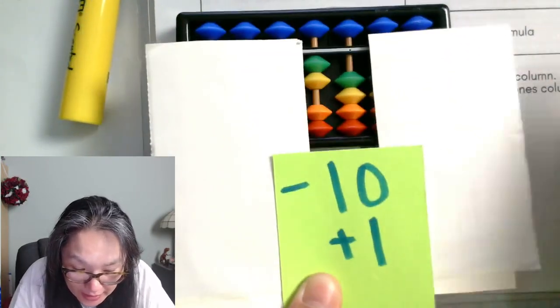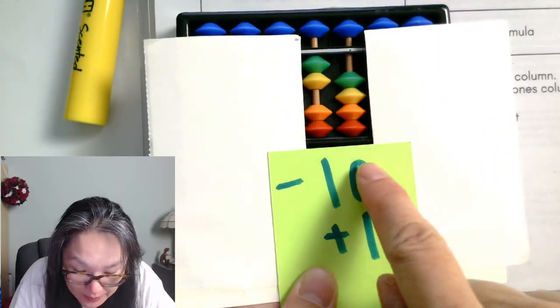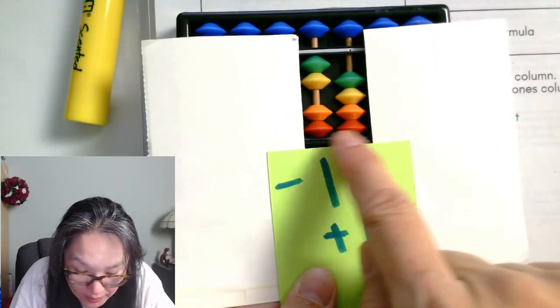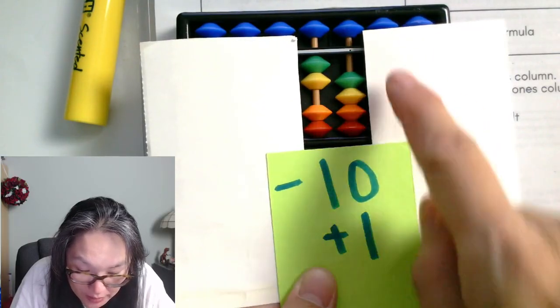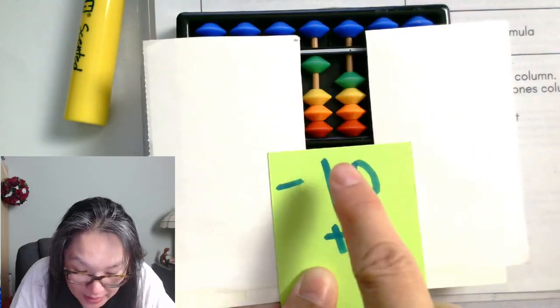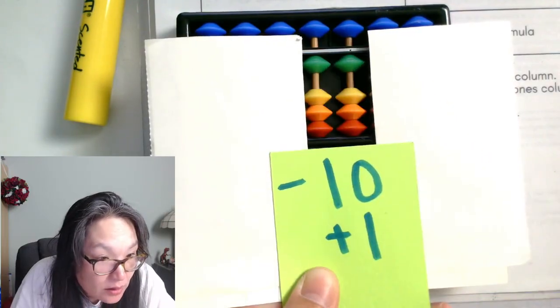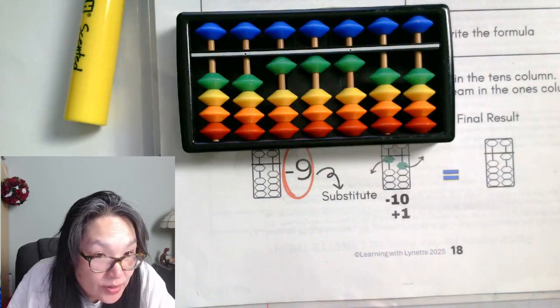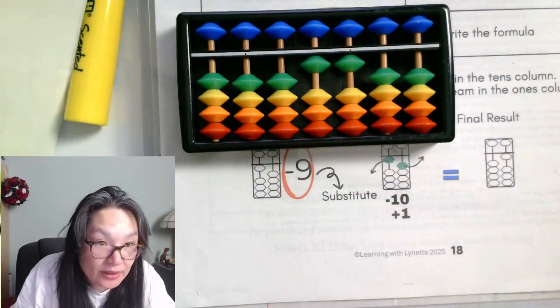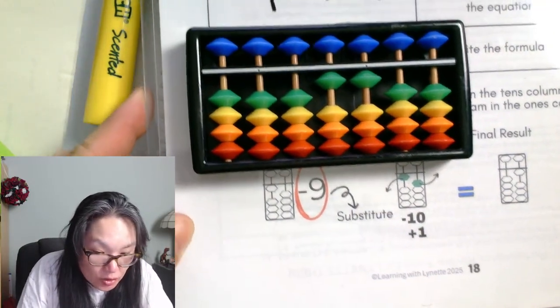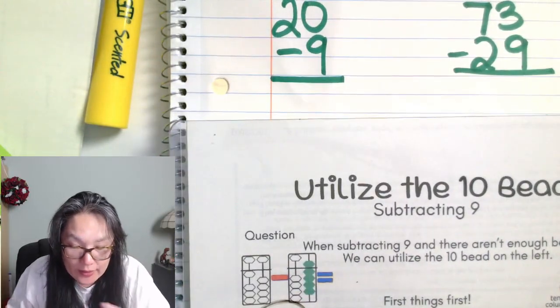So I'm going to minus the 10. That means I have a 1 and a 0, right? Minus the 10, and I'm going to plus the 1. So my answer is 11. Does that make sense? So this is about subtracting the 10. So we got that, right?